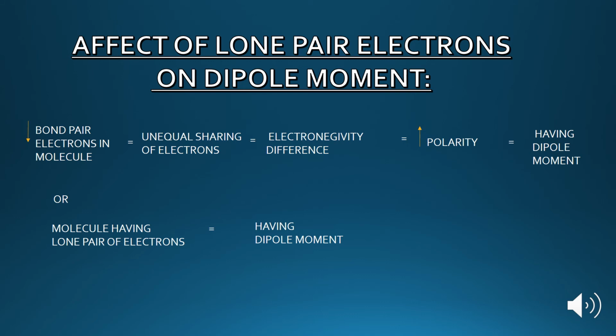If we have fewer bond pair electrons in a molecule, unequal sharing of electrons will occur, which results in an electronegativity difference, and we know that an electronegativity difference between atoms forms polarity, which results in a dipole moment. In other words, if a molecule has a lone pair of electrons, it must have some dipole moment value.